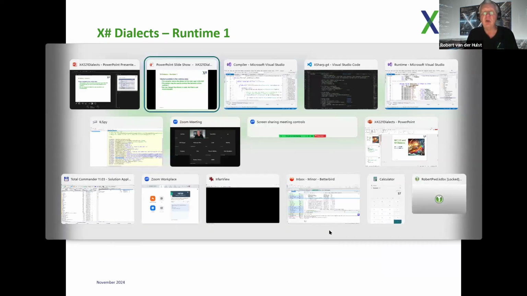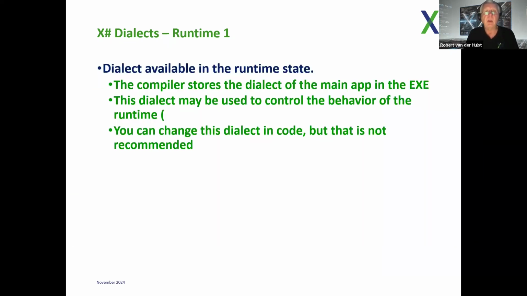Runtime, and then I also want to show you what we are doing for local functions accessing local variables in FoxPro. If you compile an app, you will include references to X# Core and X# RT, and the compiler then calls code in there, but it also stores the dialect in the resulting DLL, so the runtime can see what dialect we compiled for.